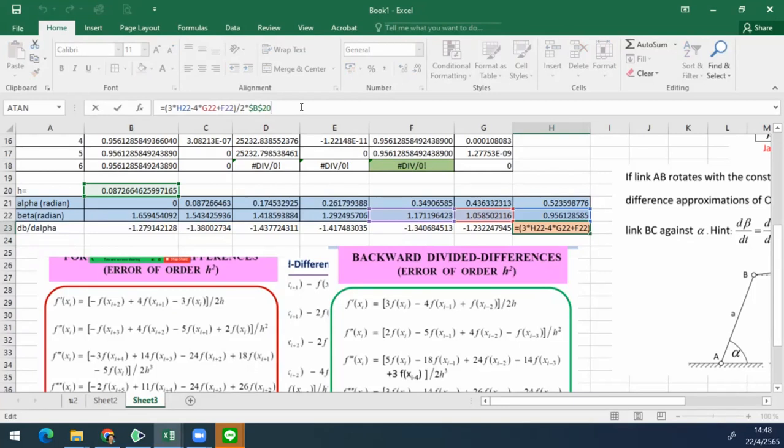Be careful, because of the order of the calculation, if you do like this, it means that it's not divided by 2h, but it's divided by only 2, and then it's times h. So it is not correct. Be careful to add the bracket too.